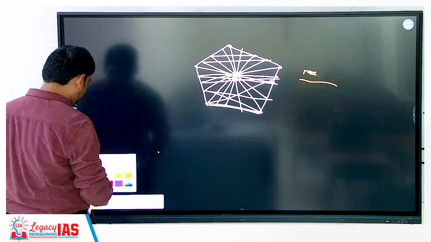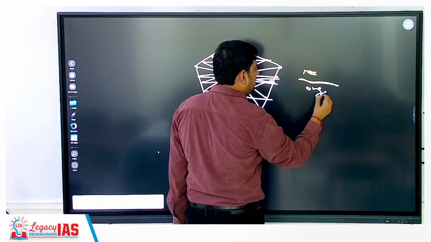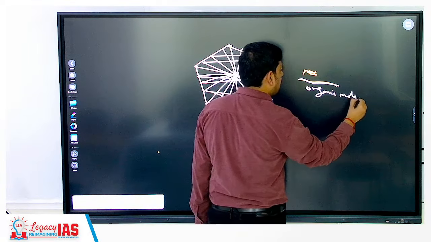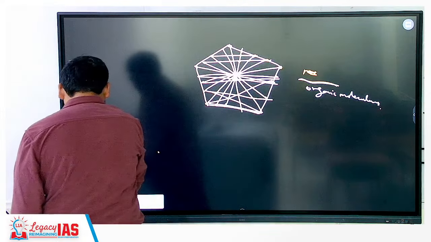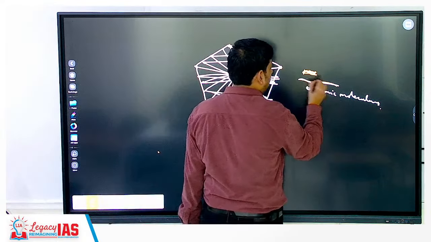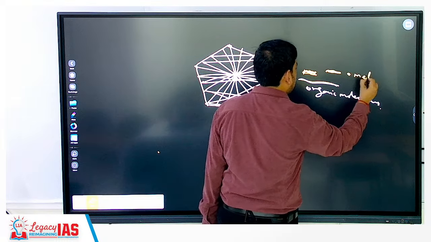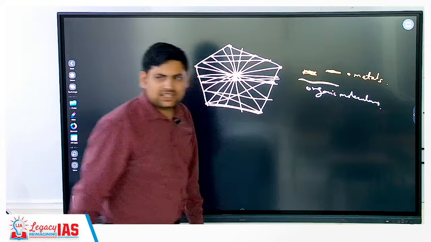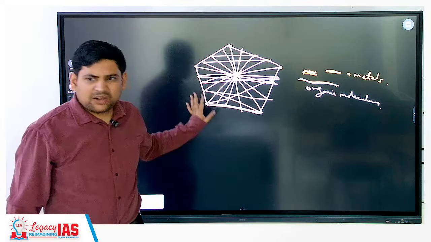The white portion of it is organic molecules, and the yellow portion, yellow dots, this is metals. So basically they have made organic metal honeycomb web-like structures.